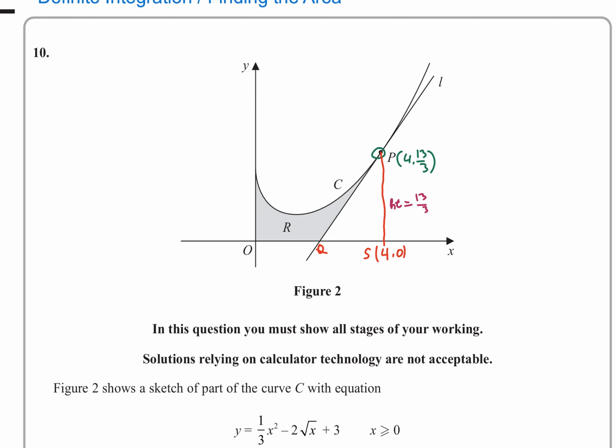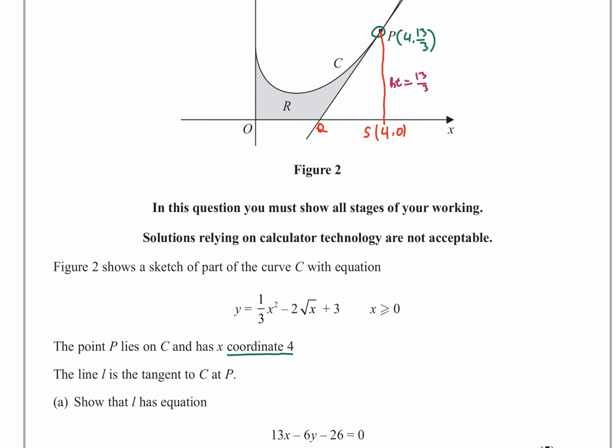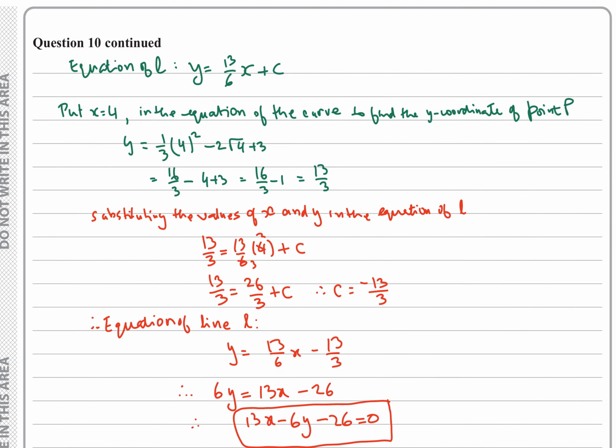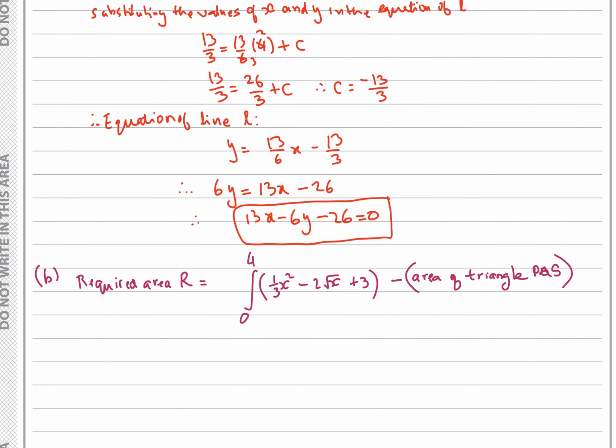Now for the base, we need to find the coordinates of the point Q. So that would be when y is 0 in the equation of the line L. We have found the equation of the line L, that is 13x minus 26, at y equals 0: 13x minus 26 is 0, so 13x is 26, x is 2.